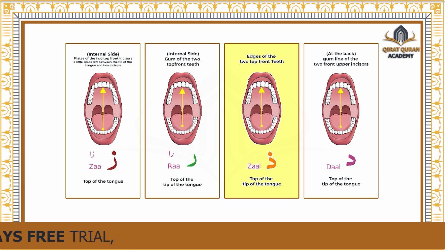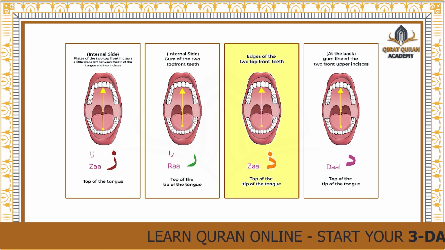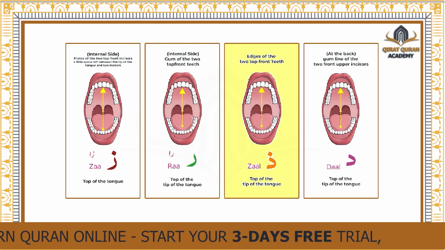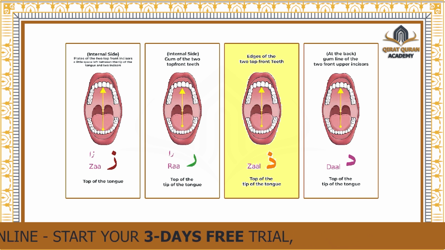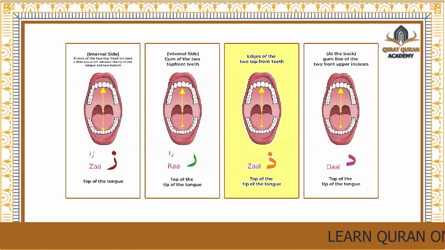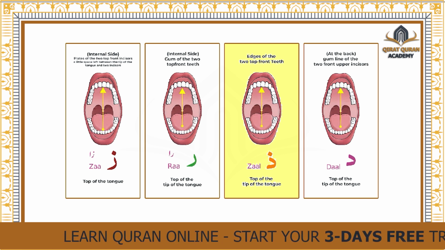I told you in the first lesson the pronunciation of Sa. In the case of Sa, we touch the tip of the tongue to the edges of the upper front teeth, and in the case of Zal, we also touch the tip of the tongue to the edges of the upper two front teeth. So these two letters, Zal and Sa, have the same pronunciation but different sounds and different shapes.